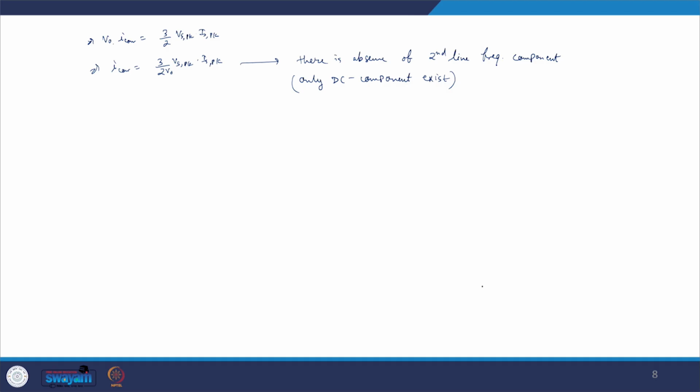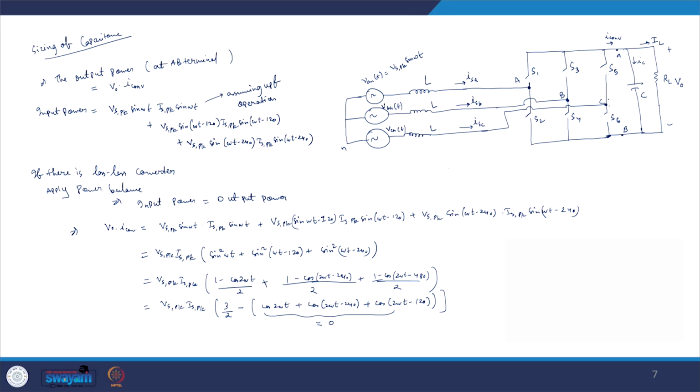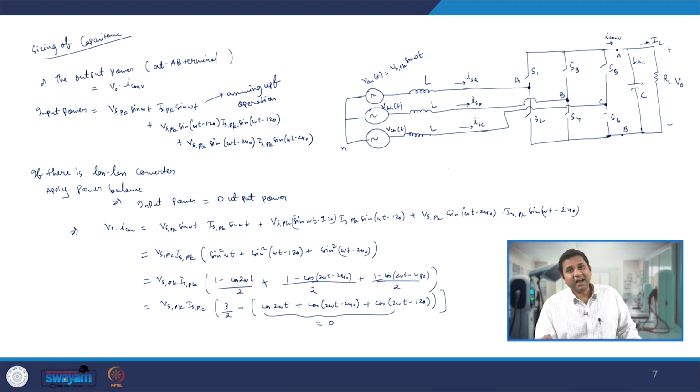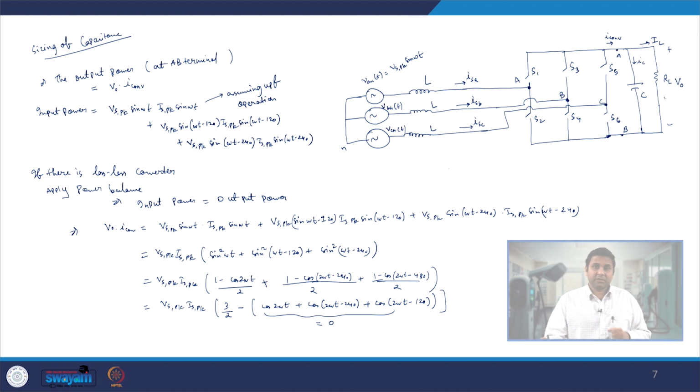That is why the 3 independent single phase converters are not preferred. Instead, a single 3 phase converter with 3 half bridges operated with 120 degree phase difference is used. And when we do that, we ensure that there is no second line frequency component in the I converter current, and thus no second line harmonic component in the capacitor voltage.